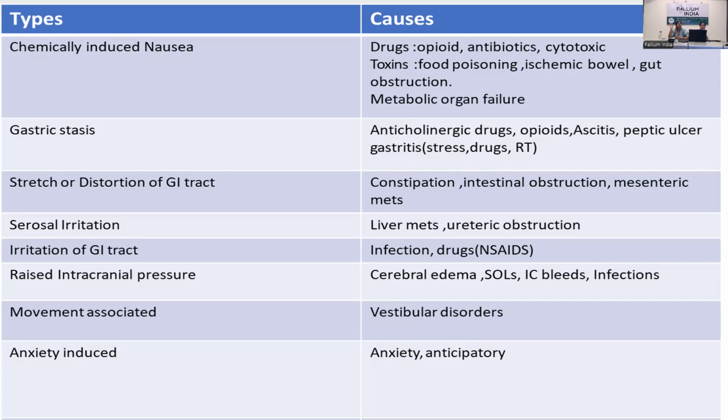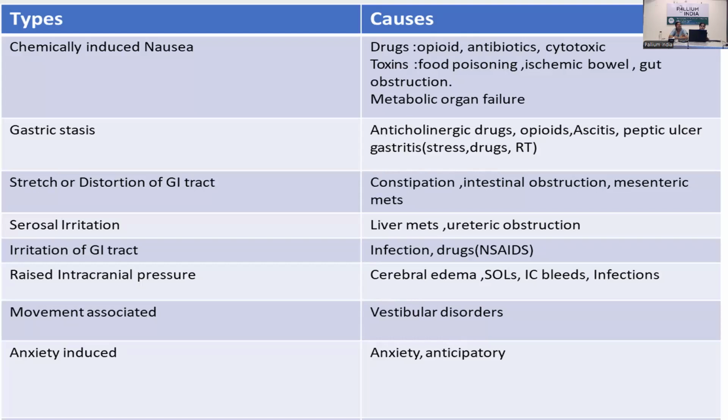Distortion of the GI tract, like constipation, intestinal obstruction, mesenteric masses. The food contents or the stool will be staying in the alimentary canal, and it can stretch the abdominal wall and cause vomiting. Since it is not going down because of the obstruction, it can come up through your mouth and the patient can have vomiting.